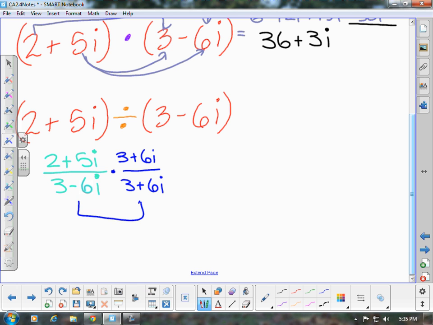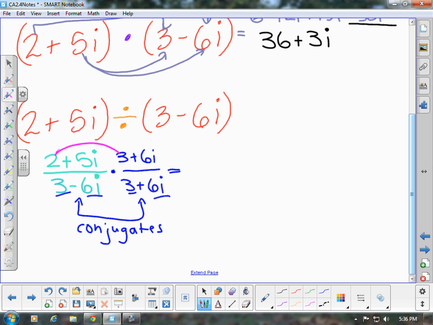These two things are called conjugates, where the first term stays the same as it is here, and the second term becomes its opposite. And so then you have to multiply all of this together.